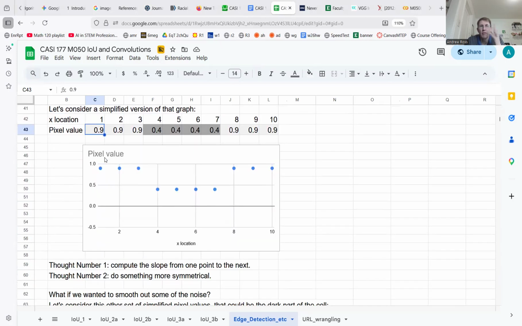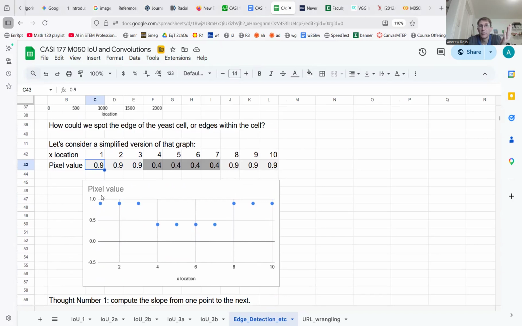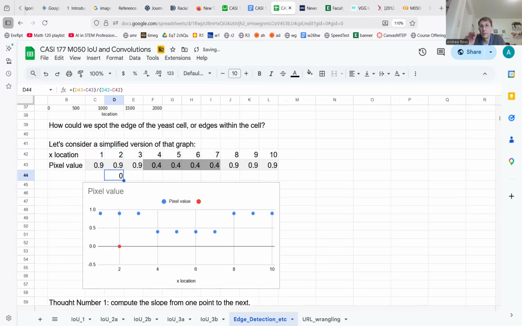So we might have a thought of computing the slope from one point to the next. We can compute the slope by doing this y value minus this y value divided by this x value minus that x value. So that's like y2 minus y1 over x2 minus x1.